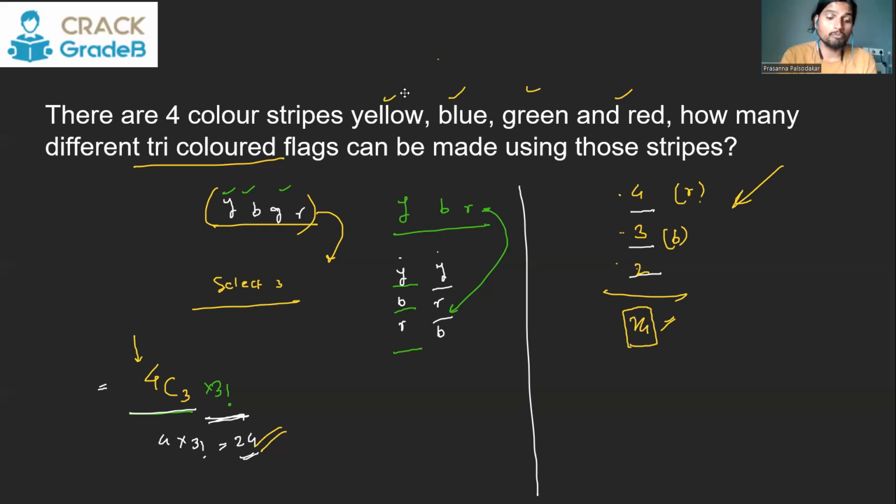But there is a lot more than factorials and PNC. In fact, there is only this much. If you understand the fundamental principle of counting, if you understand per place number of cases, then it becomes really easy to solve these questions. Let's see some more.